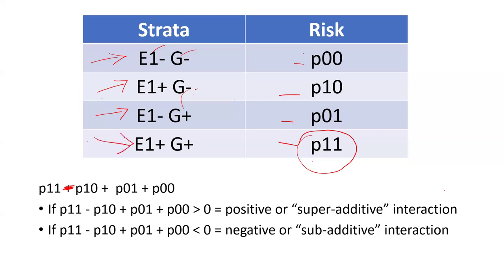These are the four categories. And these are the risks which are there for each of these four categories. So to assess additive interaction, you consider the risk in the fourth category and subtract the sum of the other risks from this fourth category.